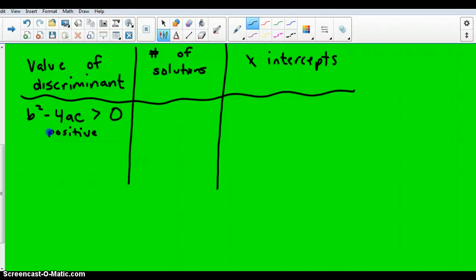So what that tells us is that I get 2 real solutions. And if I have 2 real solutions, that means it's going to have 2 x-intercepts. There's your xy, or your coordinate plane, and it crosses the x-axis twice. So that's your first case.